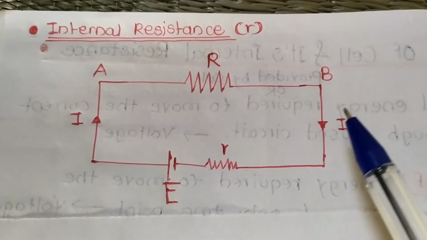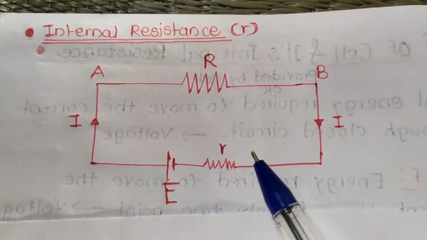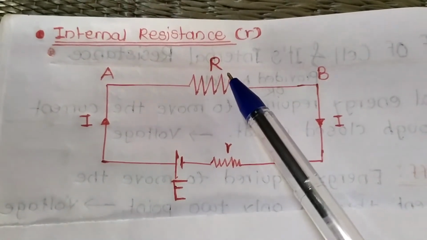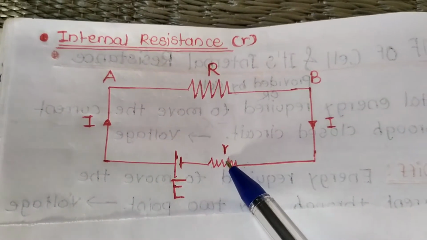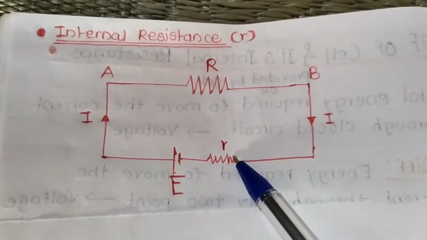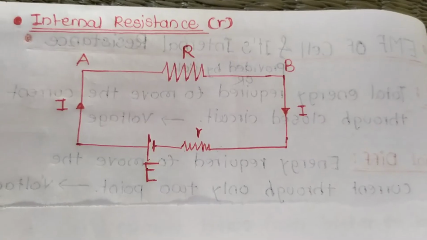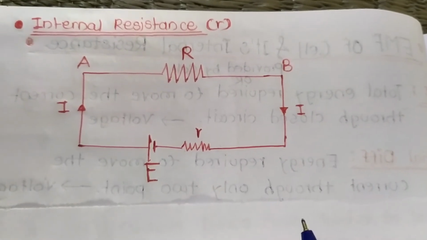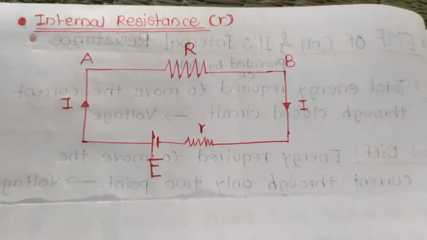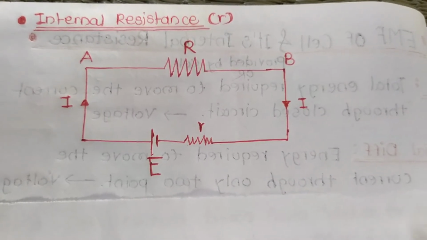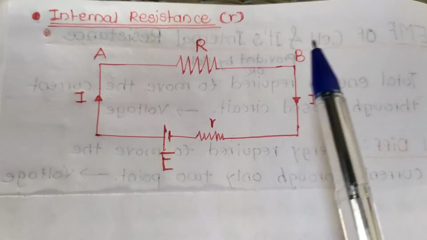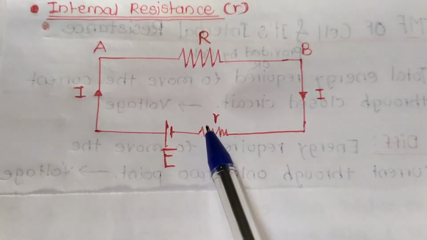Now, see the diagram. What is the total resistance of that circuit? Capital R plus small r. This internal resistance is also calculated. According to Ohm's law, we have the formula for current: I is equal to V by R. Here I is equal to E by capital R plus small r.